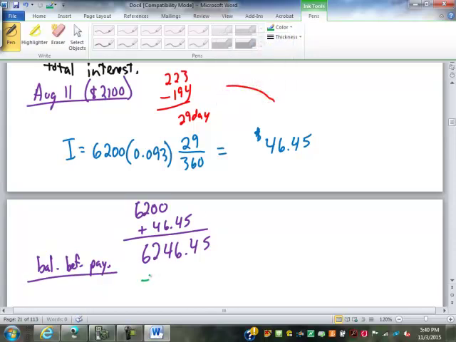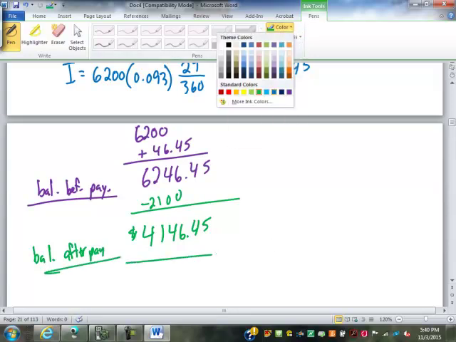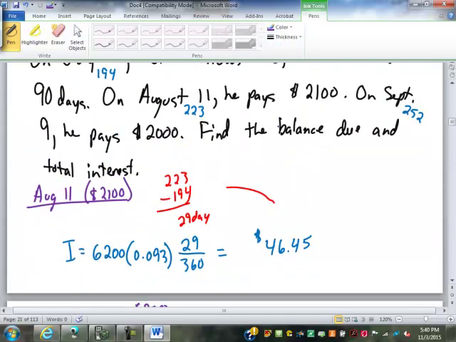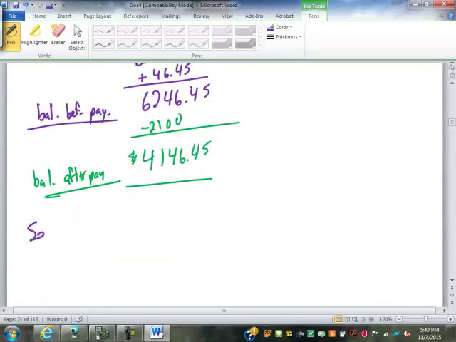Then we're going to subtract the $2,100 payment, which will give us $4,146.45.